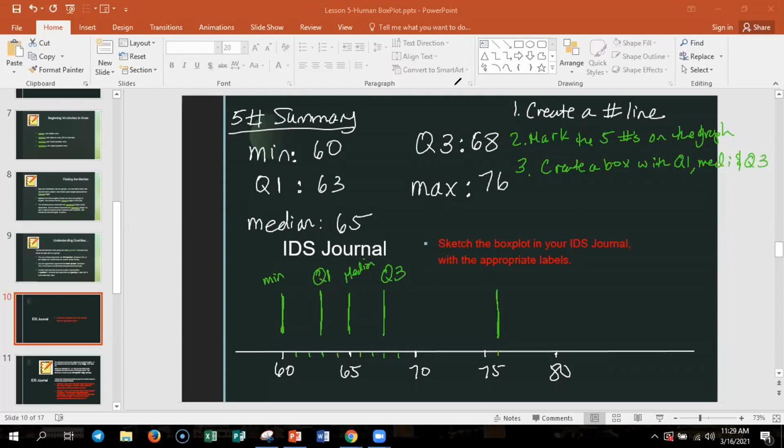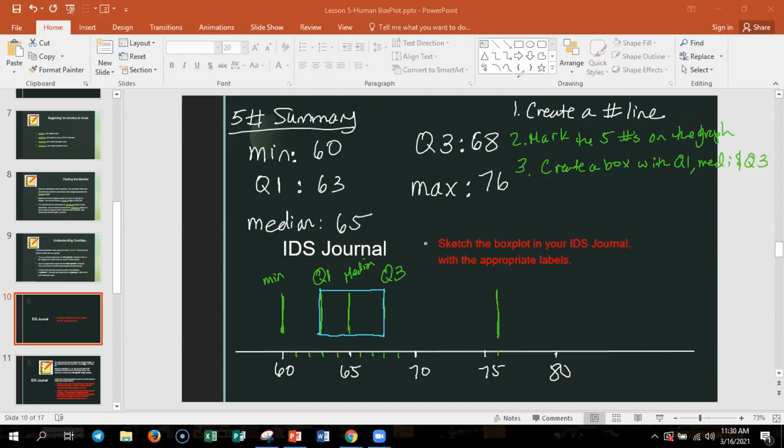So what do I mean by that? I mean, literally, take Q1, connect it to Q3, bring it over, connect it to Q1. The median stays inside the box, right?